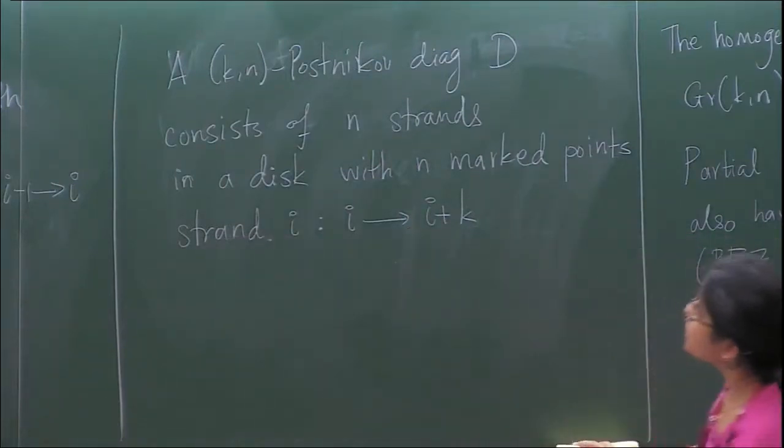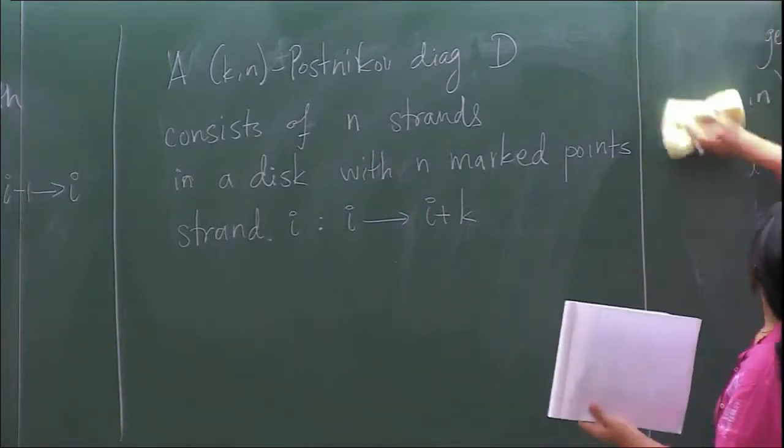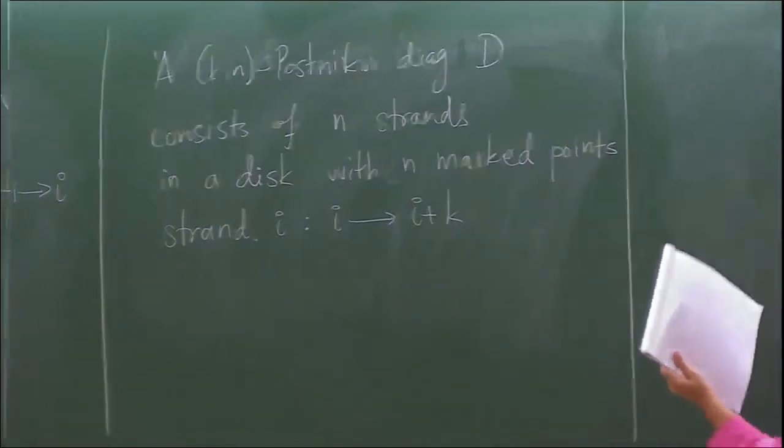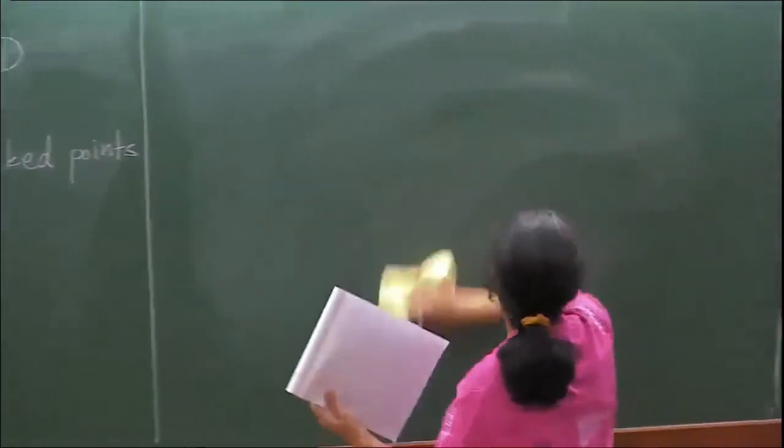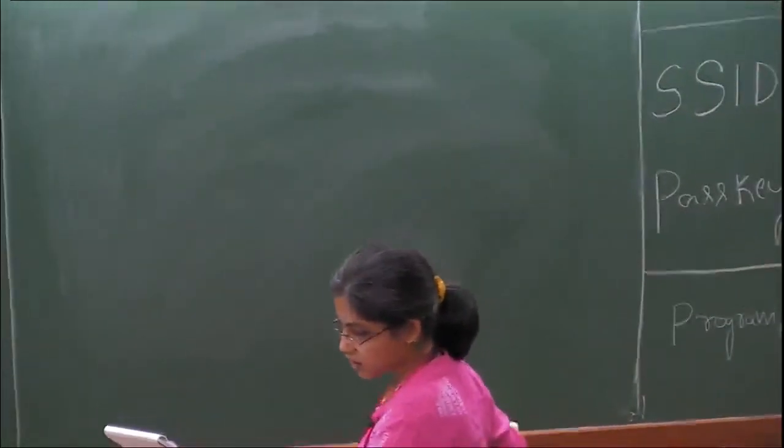These diagrams have to follow certain axioms, local and global. There are three local axioms. I'll write some of them here.